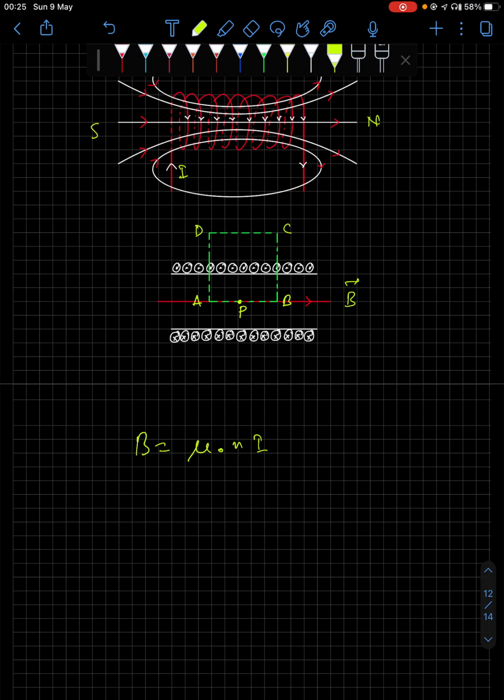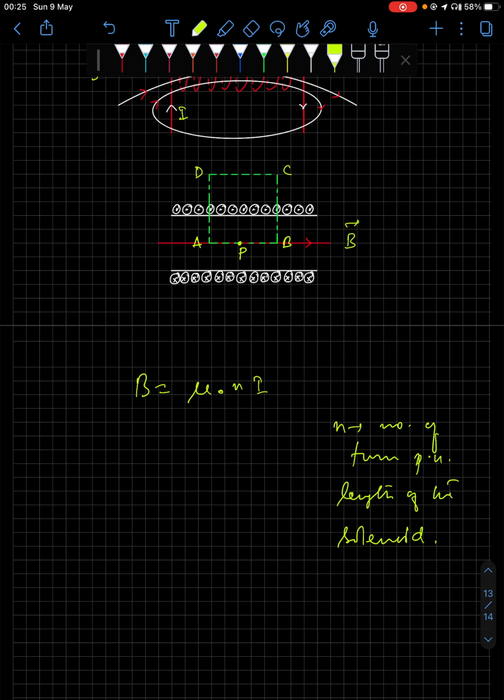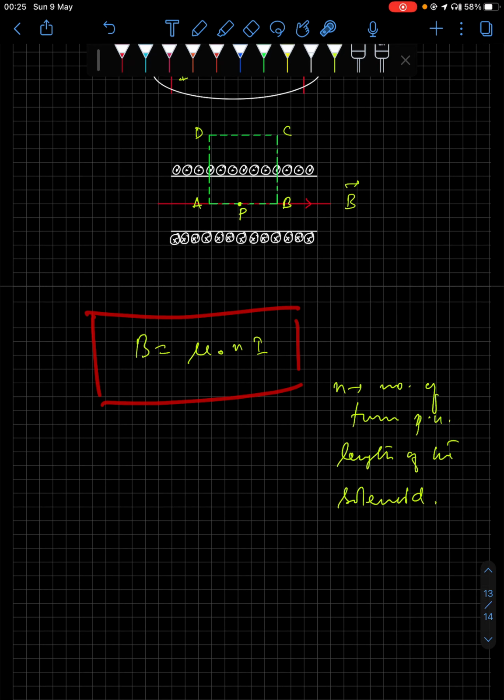N is the number of turns per unit length of the solenoid, and I is the current carried by the solenoid.